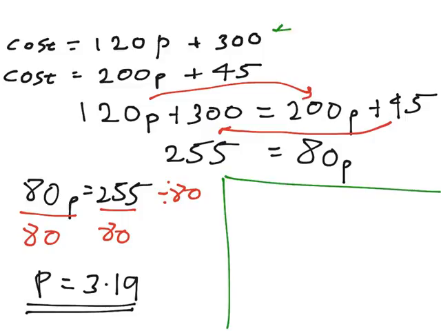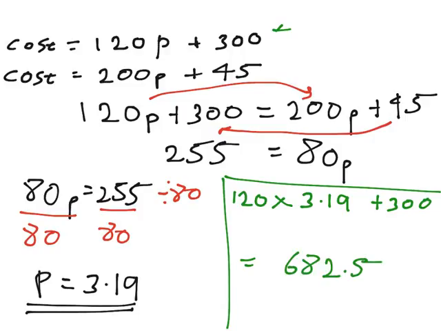So if I go 120 times 3.19 plus 300, and that should give me a cost figure of 682.5. Okay, and that's the quickest way to solve these problems where you're trying to find where the lines cross.